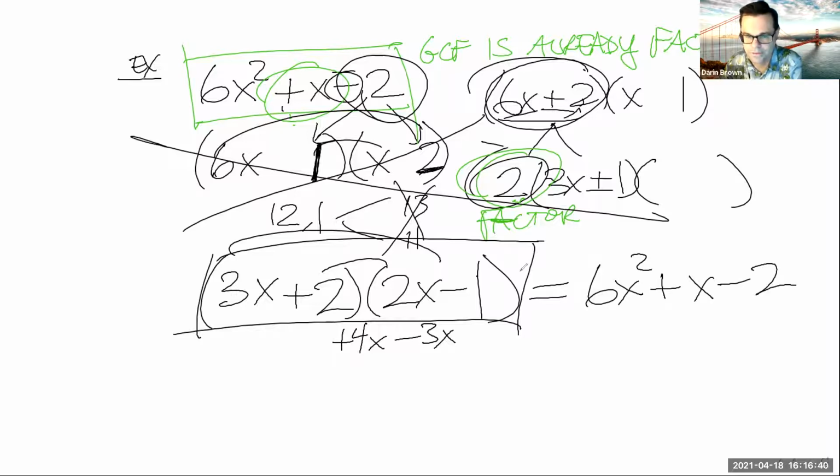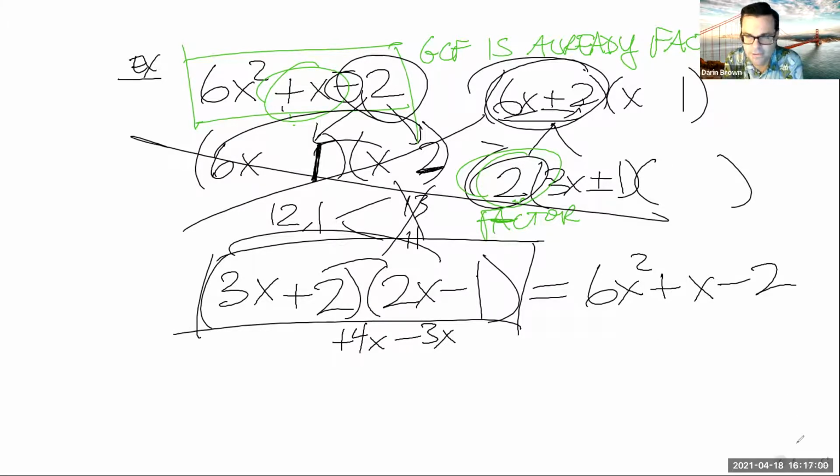So this is the correct factorization. Now, again, you don't have to do this by guess and check. You could do it the step-by-step way I'm going to show you in just a minute. But be aware of that. That's a way that you can eliminate possibilities and allow you to do these a little bit quicker.